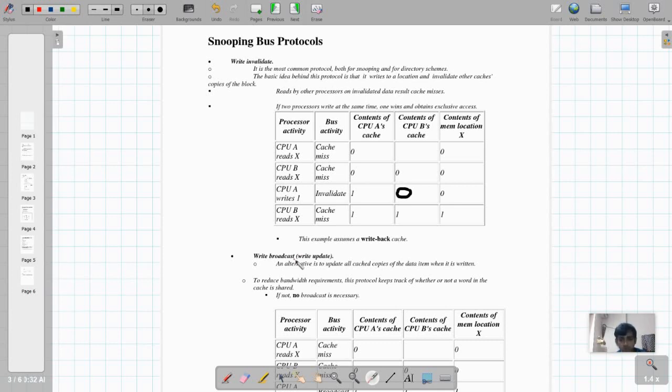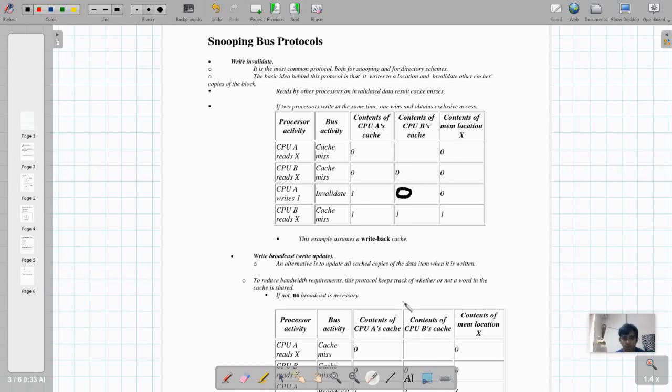Just send one write invalidate message through the shared bus, and this write invalidate message will be captured by the caches and memory locations where there is a copy for the data item which is residing at X. So once those memory locations get this write invalidate message, what will they do? They will invalidate the data which is with them.